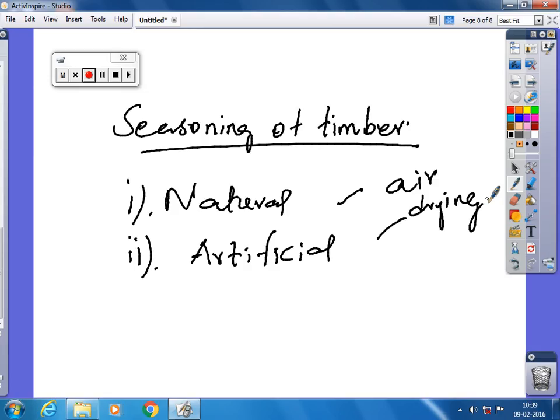When you allow the air to flow through from one side to the other, it goes in, and when it comes out, it removes water. You people dry clothes in your hostel, right? When there is heavy rain outside, you keep them inside your room, open the windows, and try to dry them with the air.